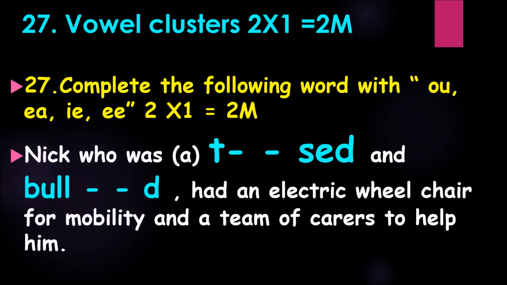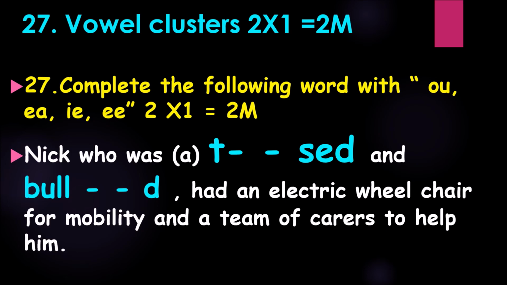So for example, Nick, who was T dash dash SCD and BULL dash dash D, had an electric wheelchair for mobility and a team of carers to help him. So now you have to pick these vowel clusters and you have to complete the word, right? Fill the word spelling.